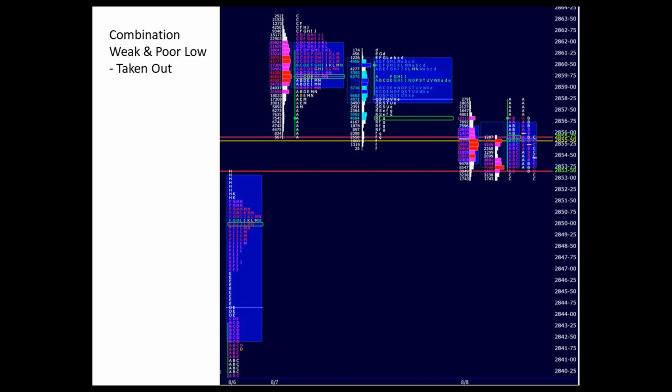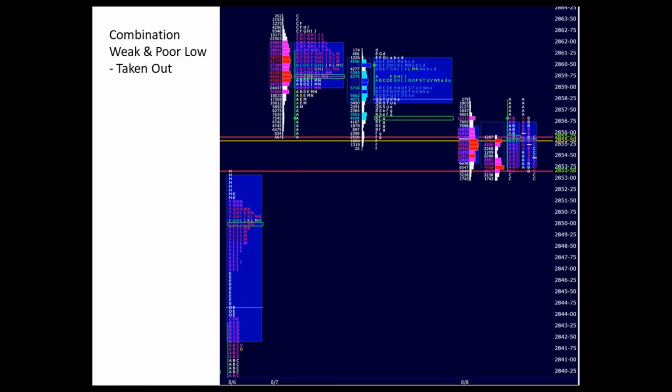Okay, we're going to look at a combination of a weak and a poor low. Early in the morning, the market trades down. There was a gap. It trades down and fills the gap from the previous day. Notice that initially, A period came down and traded a single tick above the high of the previous day.